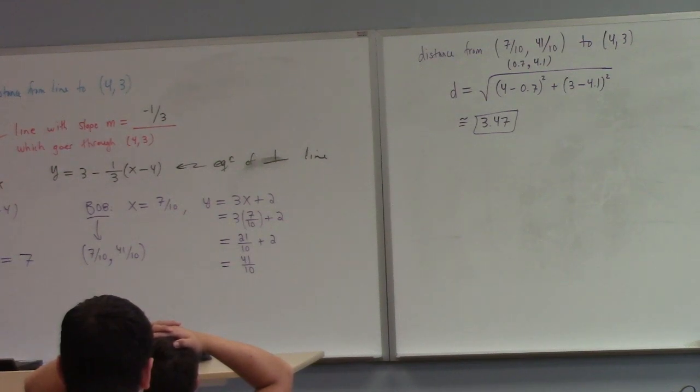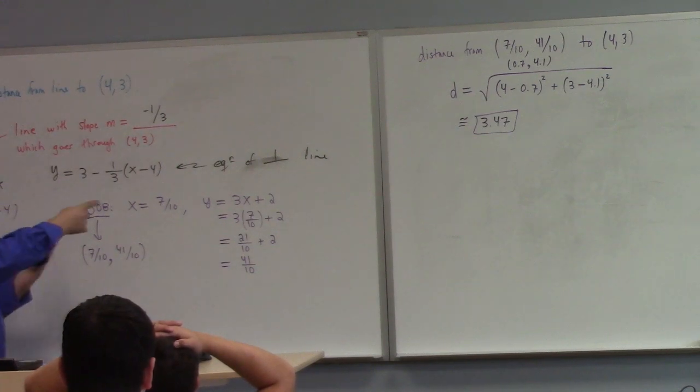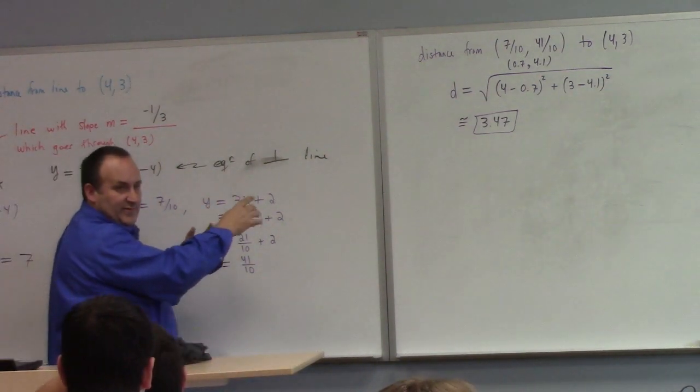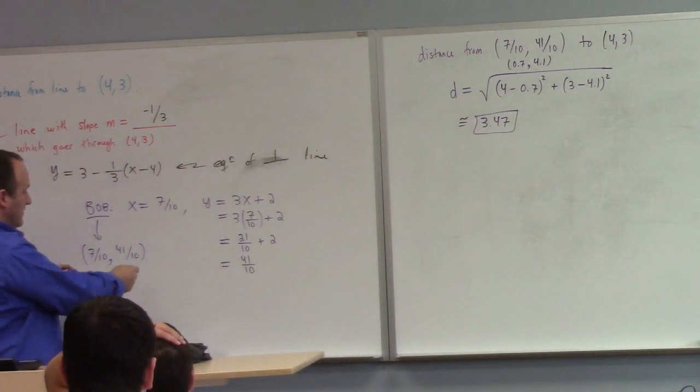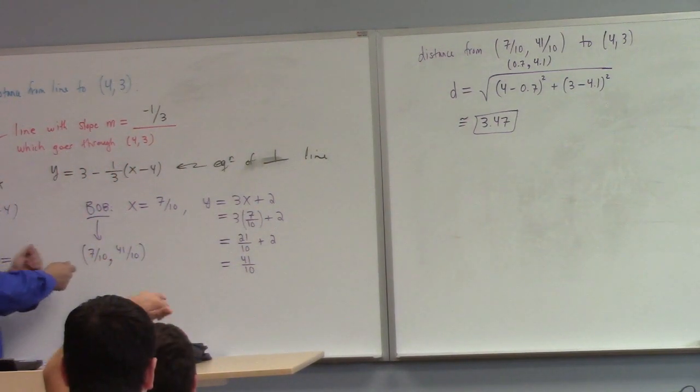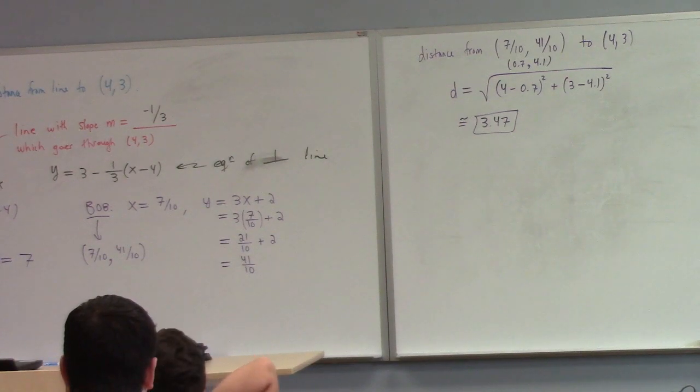This is just solving for x. And then once we find that, we plug it into the equation. We just chose one of them at random. Well, not really, the one that was easier. Plug it in, that gives us the y value for the point of intersection. That's the point of intersection. Then we need to find the distance between these points. So we take the squares of the difference between the x and the y.